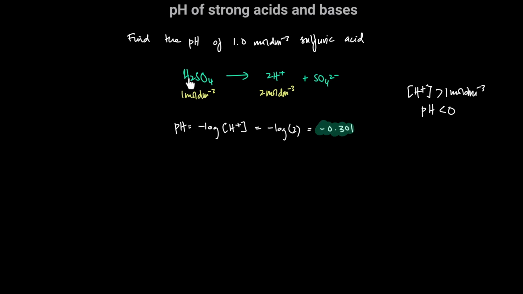Now here we've assumed that sulfuric acid ionizes completely, but in actual fact, sulfuric acid is a diprotic acid, which means it has 2 protons and 2 separate ionizations.